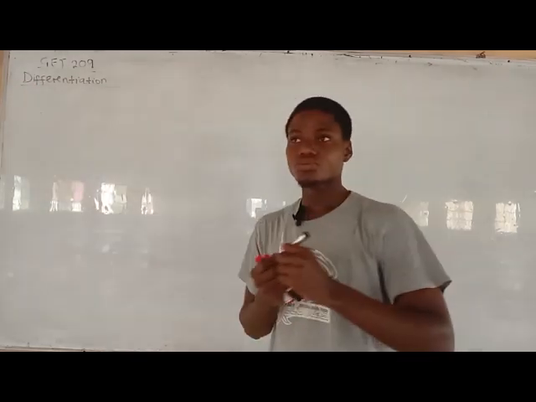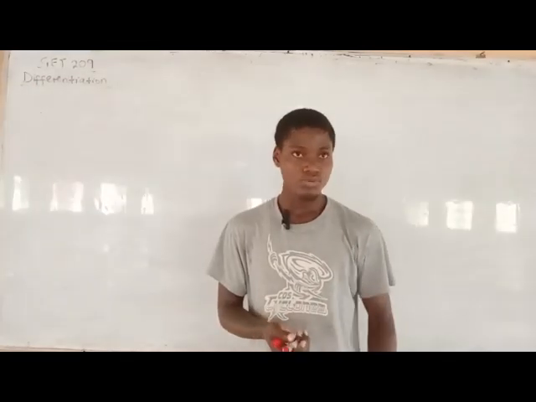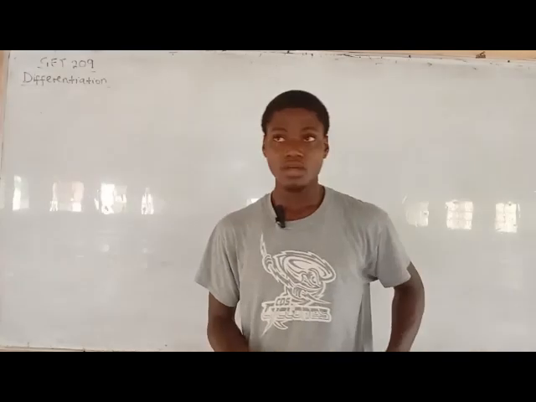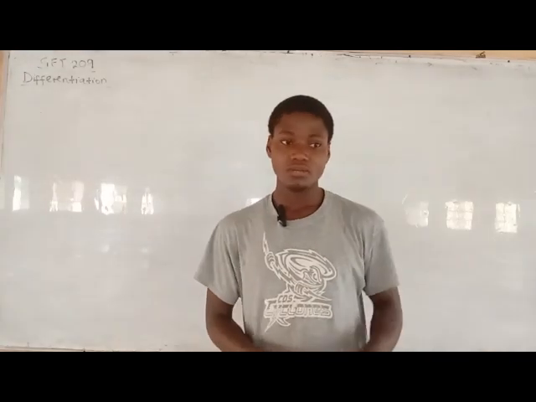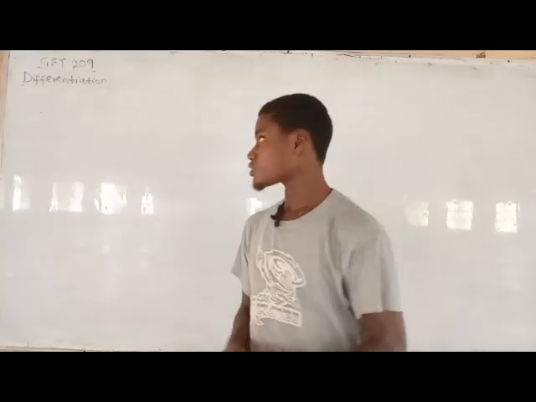I'm not going to bug you with the derivation of the first principle formula, but I'm just going to write out the formula and then we use the formula to work.